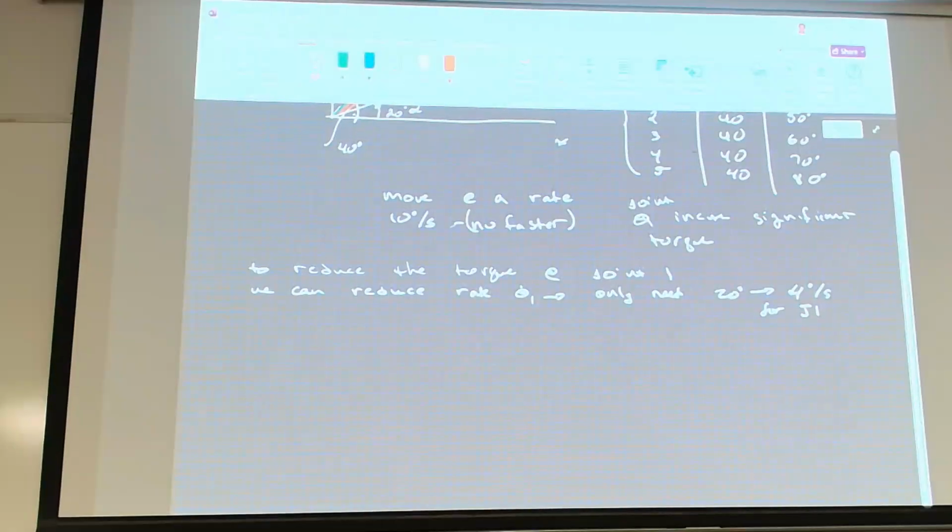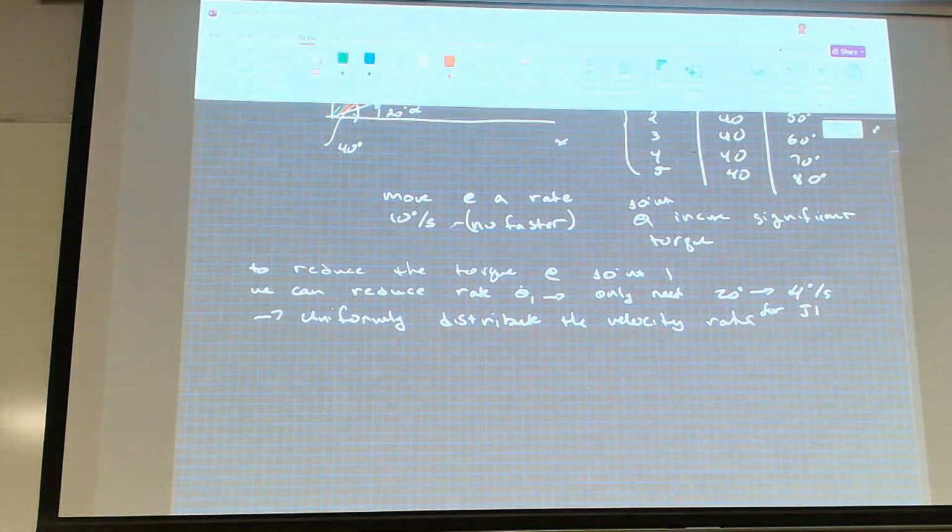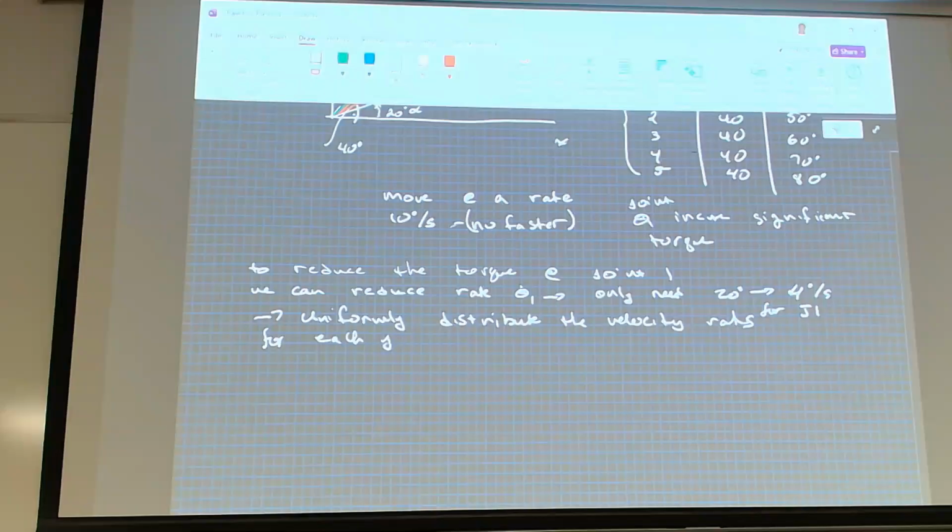And so we're going to call this a uniform distribution. We're going to uniformly distribute the velocity for each joint.